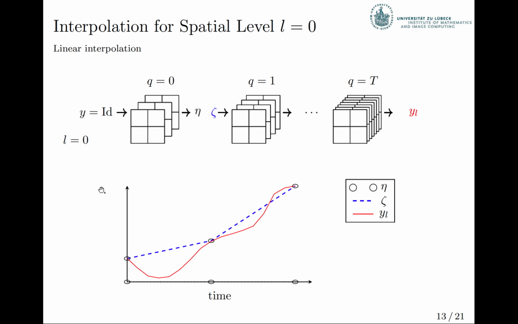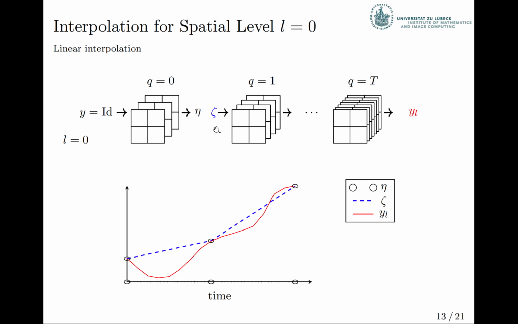Now start with the interpolation scheme at the coarsest spatial level. Here we are registering the 3 images. The first registration will be performed for the 3 images, where the initial guess for the registration model would be the identity map. That means we assume that there is no deformation at the very start. Now we register 3 images, we get an estimate that we represent by eta, and in this plot, this is shown by the black circles.